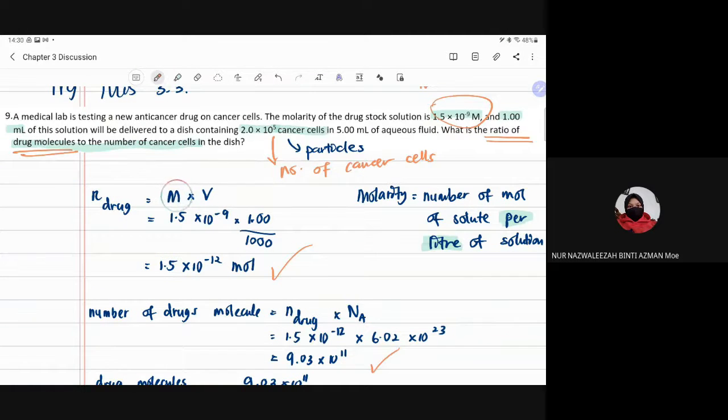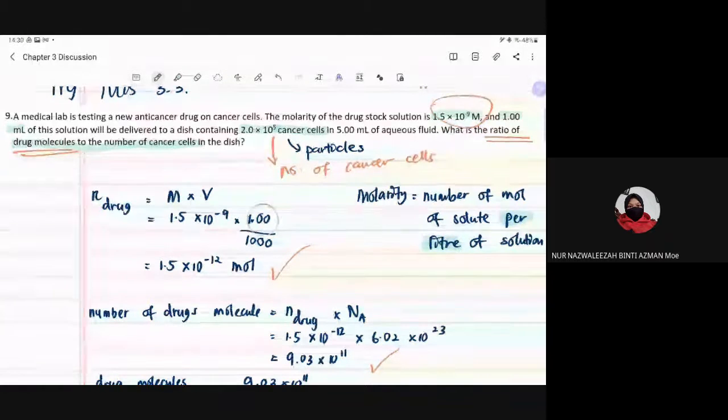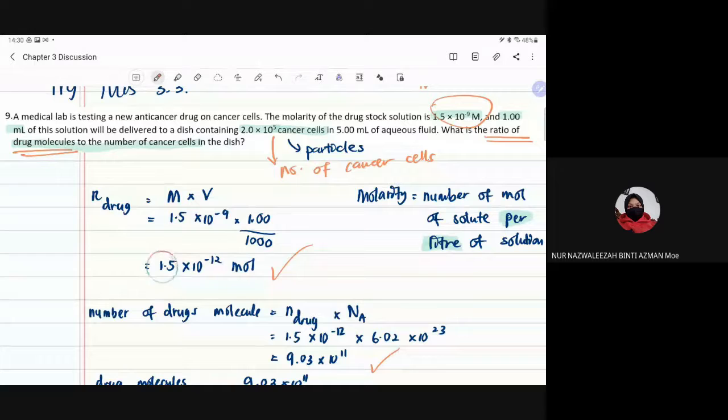Jadi kita kena tukar kepada liter. Sebab by definition, molarity is the number of mole of solute per liter of solution. Dia dah bagi tahu kat situ per liter. So it has to be in liter. Kamu kira-kira kamu akan dapat bilangan mole dia. This will be the number of mole.